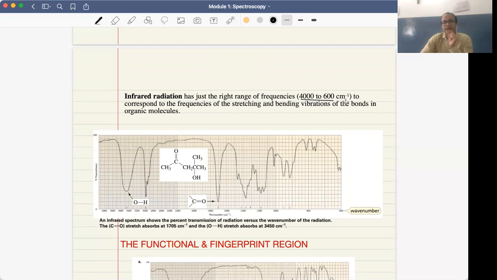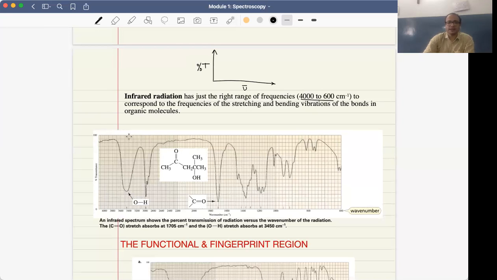In the infrared spectrometer that we use for measuring these infrared spectra, we are plotting a graph between the wave number on the x-axis and the percentage transmission on the y-axis.